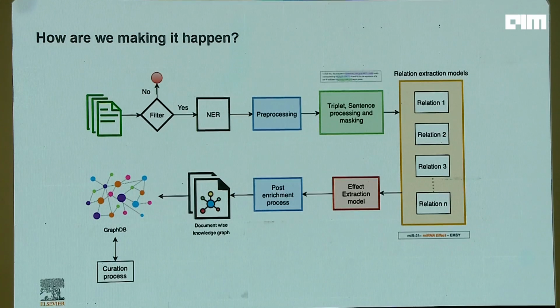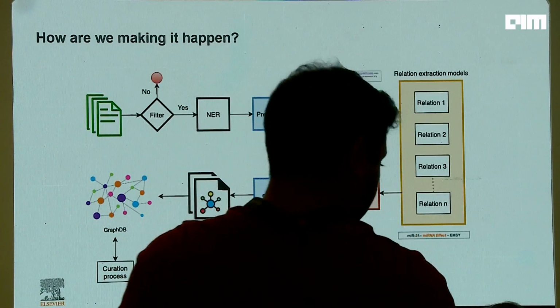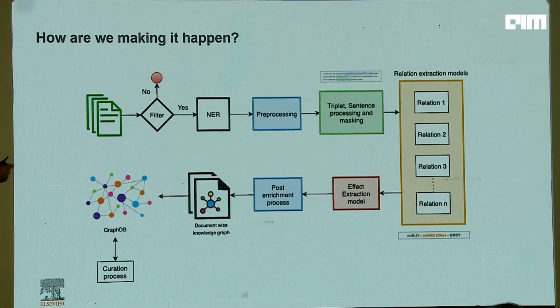With these subject-object pairs masked in these sentences, we feed into our relation extraction model. Our relation extraction model is based on BERT. And on the right side, if you see, we have specific models or specific relation models for each kind of relationship. And one might ask, why do we have so many models?